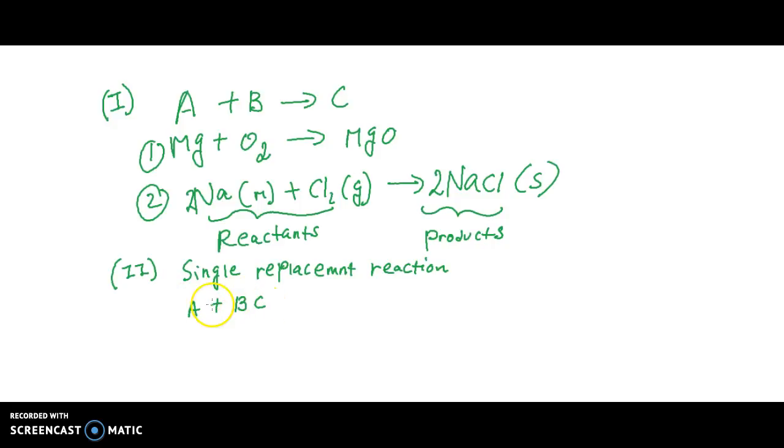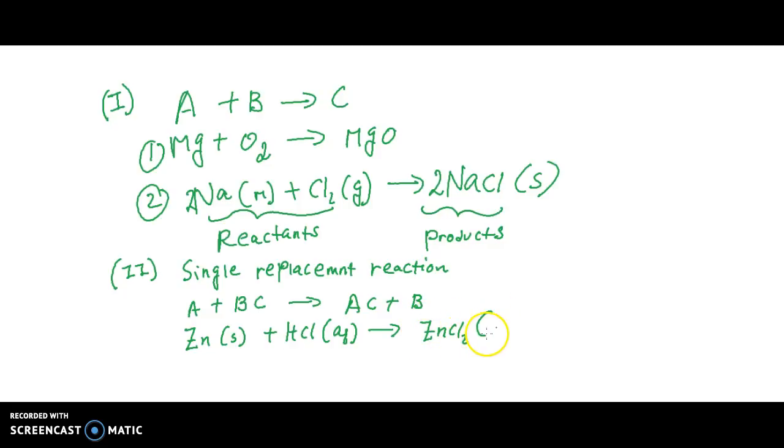So I'm going to say, hypothetically, A plus BC gives you AC plus B. Let's say I'm going to use zinc, which is a metal, react with hydrochloric acid, which is aqueous, and it gives you zinc chloride, which is aqueous, plus hydrogen. This can be a good example of single replacement reaction.